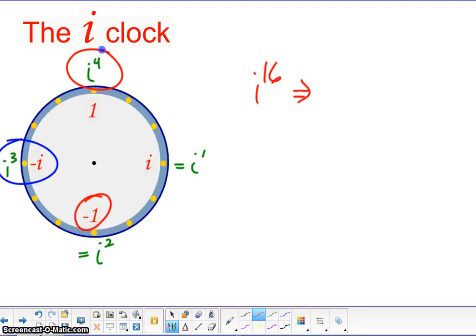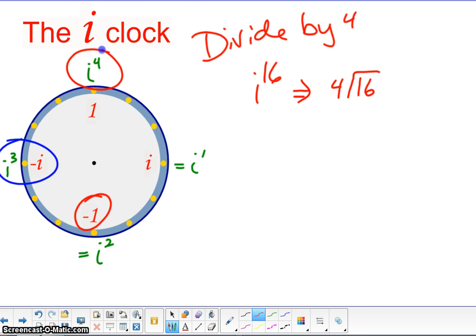So take the exponent and divide it by 4, every single time, because the pattern is in 4s. And you get 4 with a remainder of 0. If there's no remainder, it's just going to be i to the 4th.